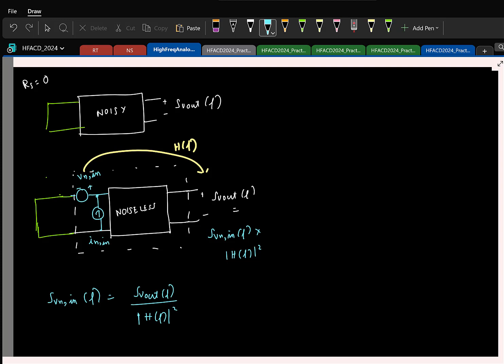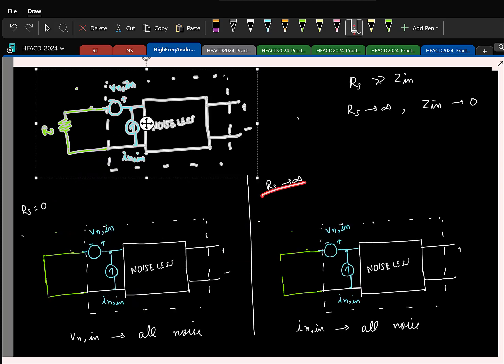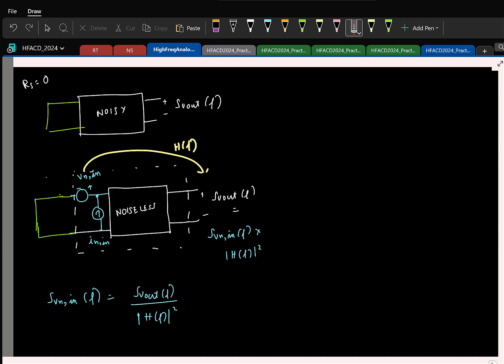For finding the noise current, I can take the other case where Rs is infinity. So let me quickly copy paste. Here I will tend Rs to infinity, which means 0 current. Once again in my original network, I'll find each noise contributor to the output and find Sv out of f.